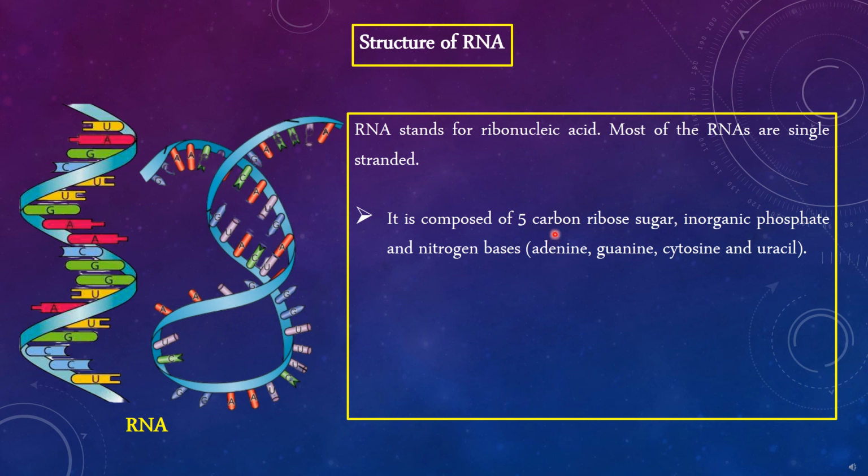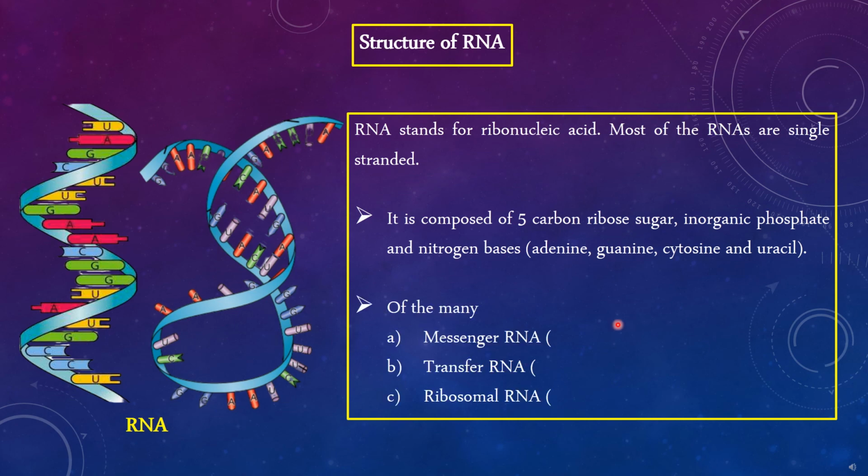In DNA you have deoxyribose sugar, but in RNA you have ribose sugar. There are many types of RNA; the 3 most well known are messenger RNA, transfer RNA and ribosomal RNA.